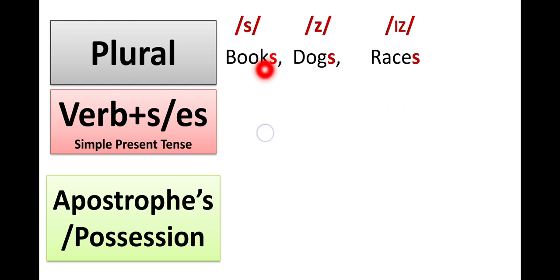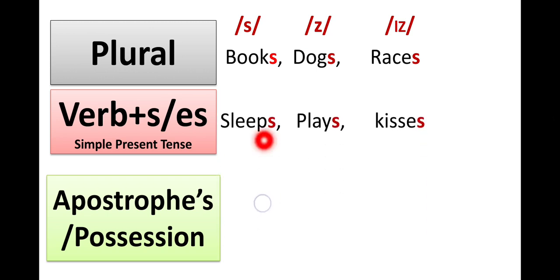So books, dogs, races. Okay, now you see in simple present tense, same examples. Here you see sleeps, it has s sound. Plays, it has z sound. Kisses, it has iz sound. Okay, now in apostrophe, it has Jack's, s sound. Marry's, it has z sound.